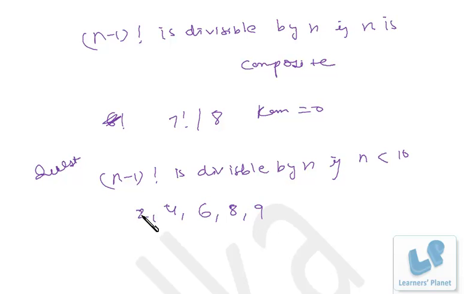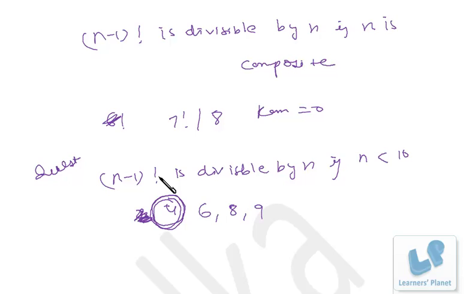I'm sorry, we cannot choose 2 as it is a prime number. So we have 4 values. In all the 4 cases, (n minus 1) factorial is divisible by n? No, friends. There is an exception to this rule, that is number 4. The only exception is number 4 out of the entire series.